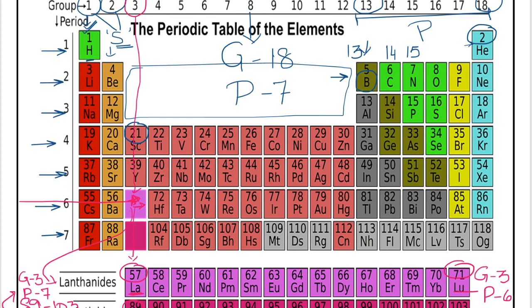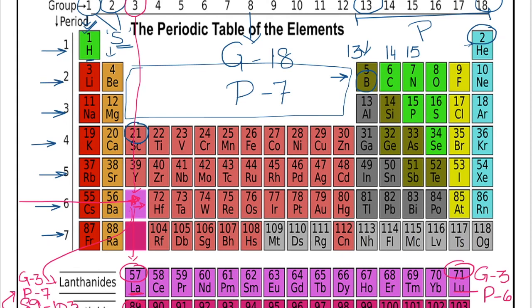This is a very special concept here. I will say it one more time. The entire F block is in group 3. There are two series, that is the lanthanide series and the actinide series. The lanthanide series belongs to period 6 while the actinide series belongs to period 7.